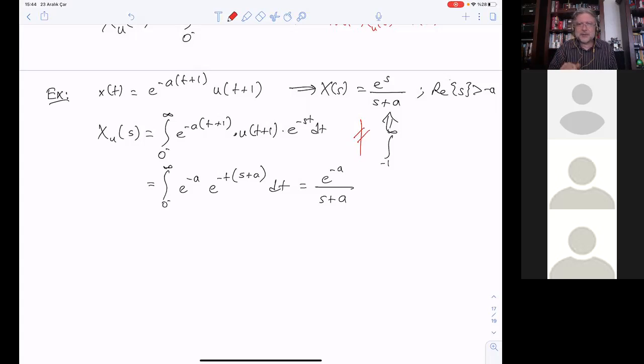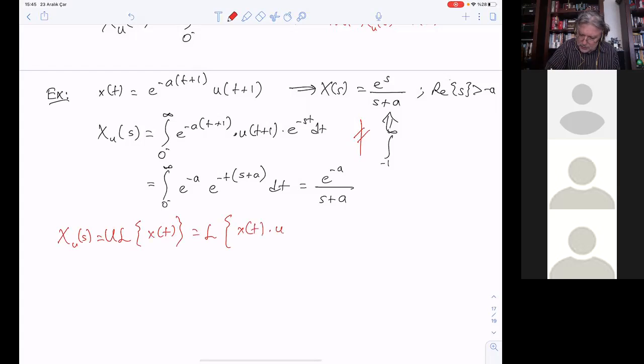If we can notate like this, the unilateral Laplace transform of x(t), which I write as X_u(s), is equal to the Laplace transform of x(t) times u(t).